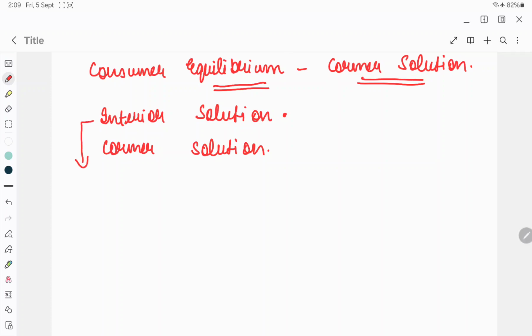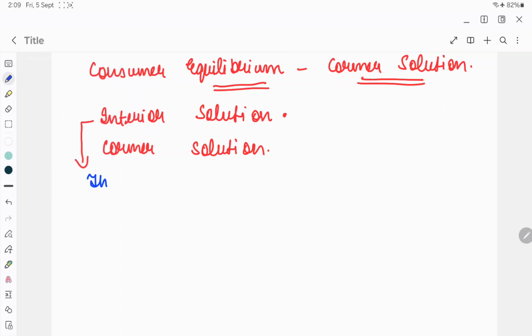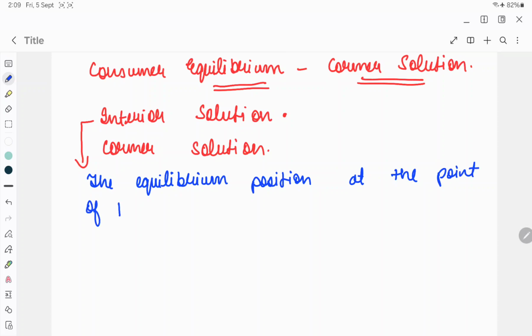Interior solution is the equilibrium position at the point of tangency. Which tangency are we talking about?